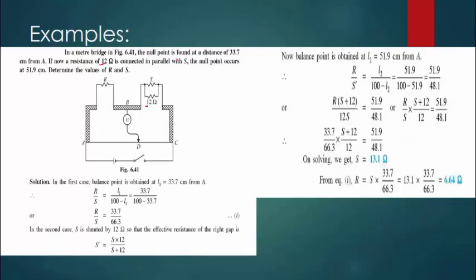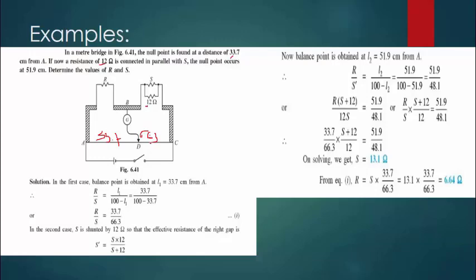Okay, we have two cases. At first, the null point was found at a distance of 33.7 centimeters from A. It means 100 minus 33.7, because the length of this is 1 meter, which is 66.3.